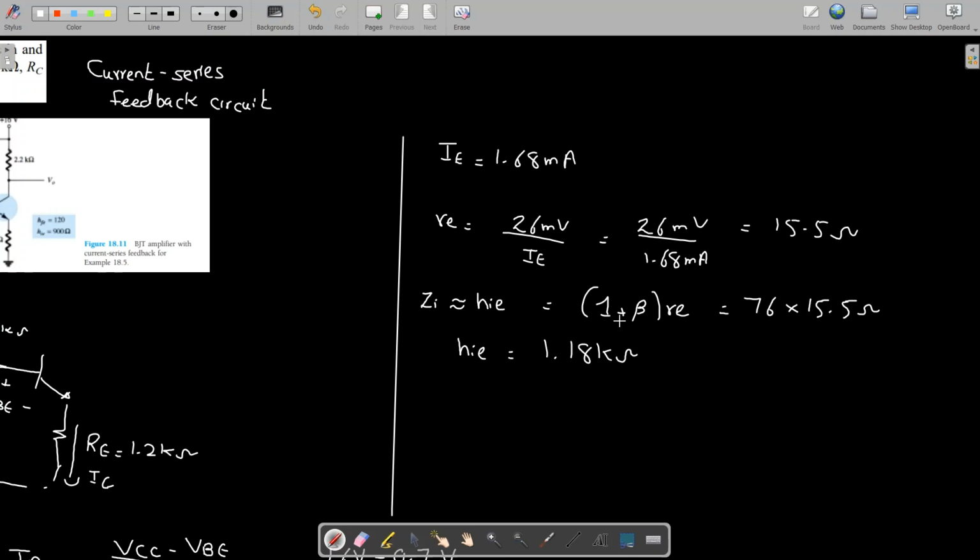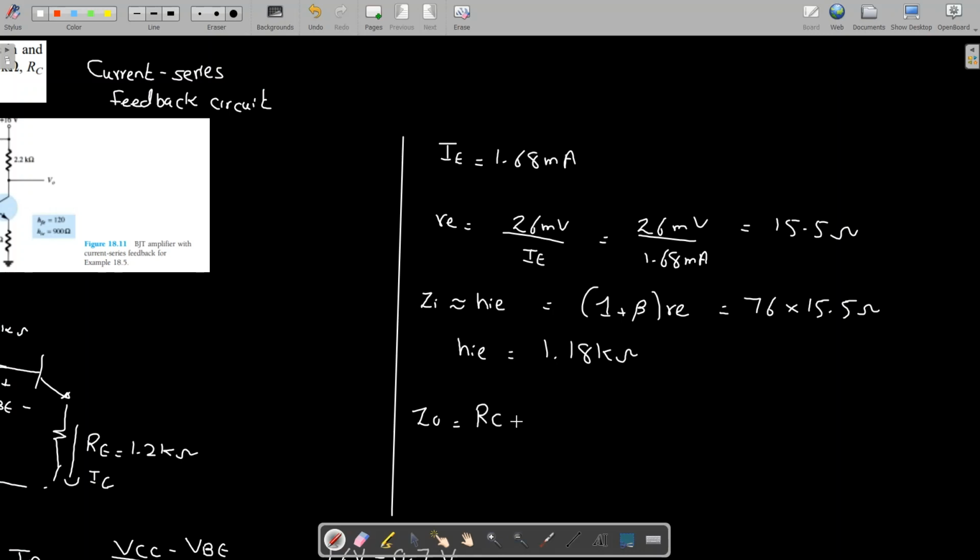Fine. So when we multiply the 76 with 15.5, we are going to get 1178. So this is 1.18 kilo ohm. Fine. And now Z naught is easy to find. Z naught will be approximately equal to the RC.